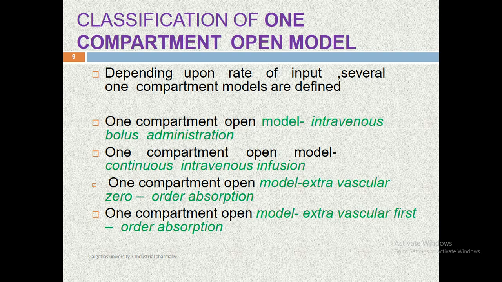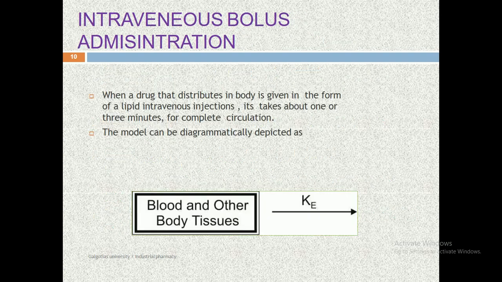In the one compartment open model, there is intravenous bolus administration, there is continuous intravenous infusion, and the model also involves extravascular zero order absorption and extravascular first order absorption. So this is the classification of one compartment open models.